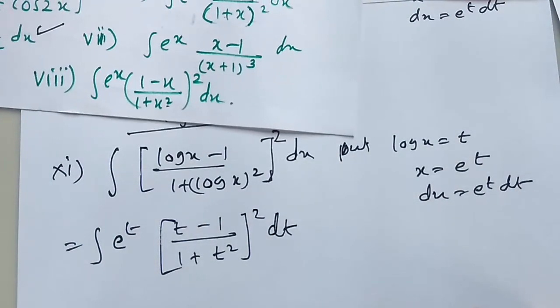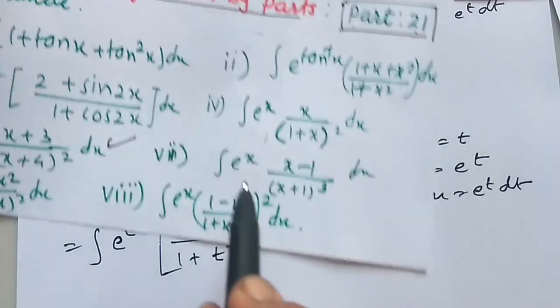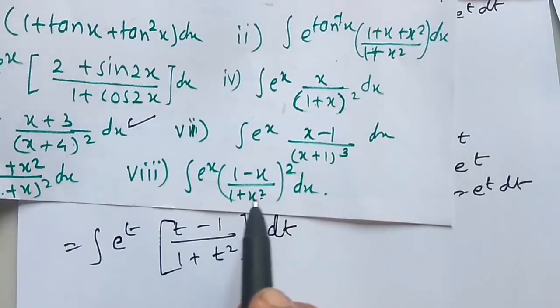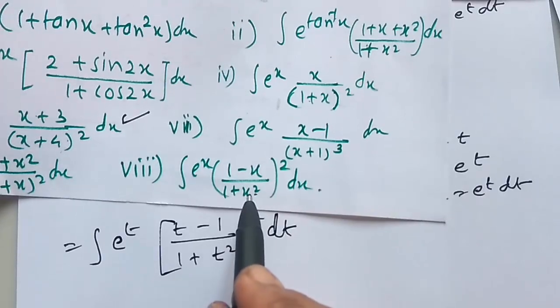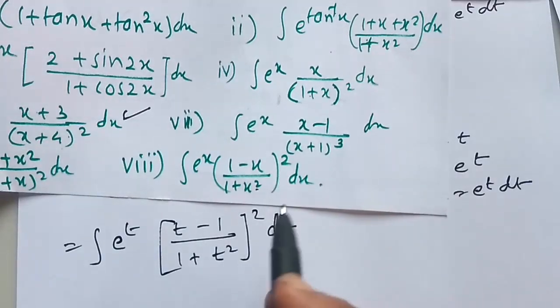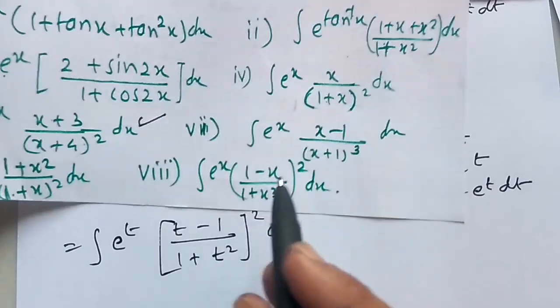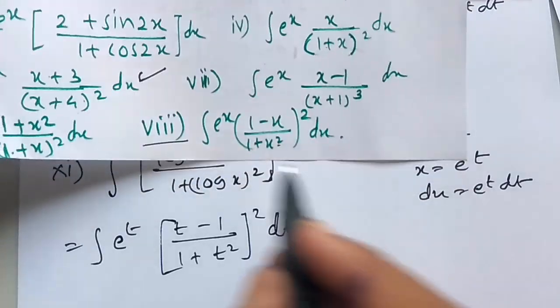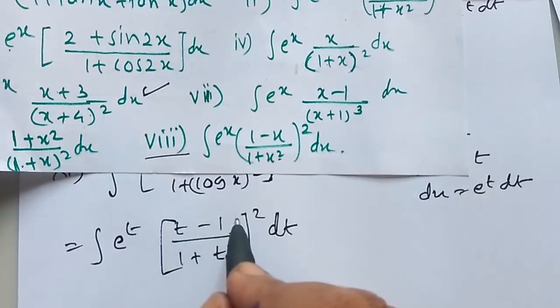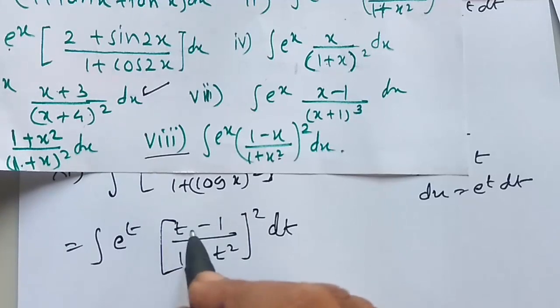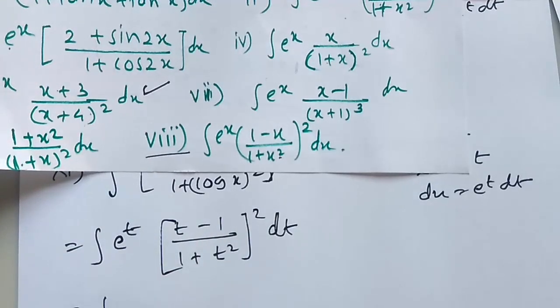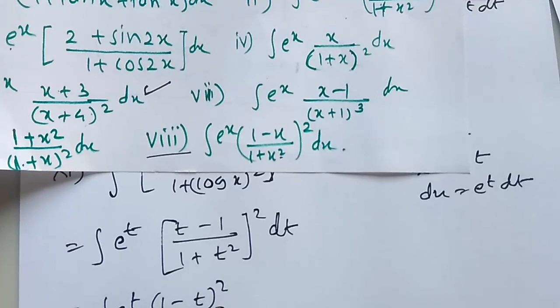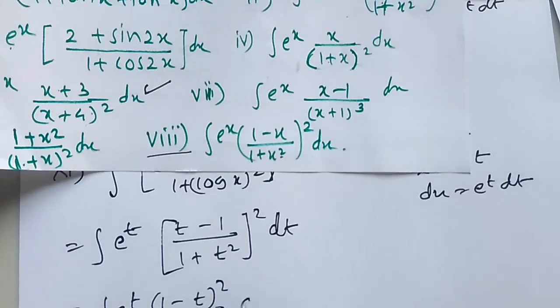It is same as (1 minus t) upon (1 plus t square)^2, so it is same as example number 7. The only thing is that you have to take the minus sign common, being a square, so it becomes positive. So this is e raised to t (1 minus t)^2 upon (1 plus t square)^2 dt.